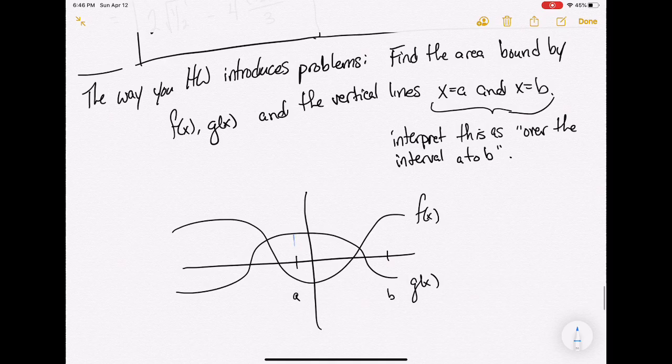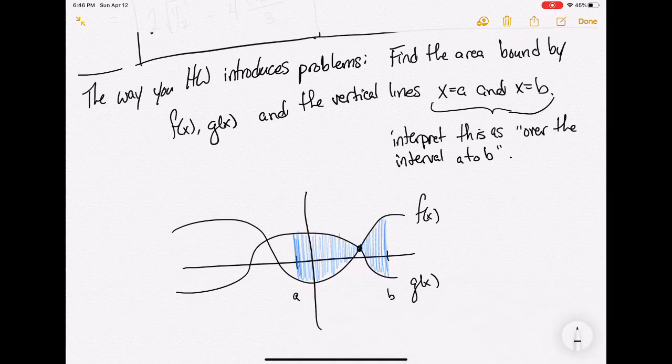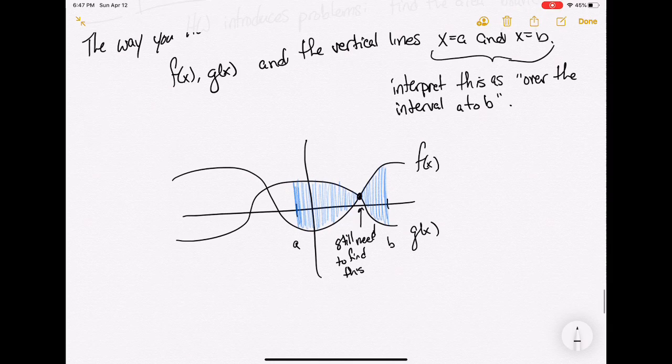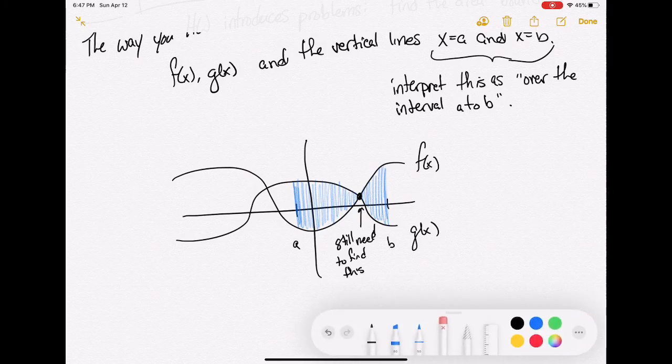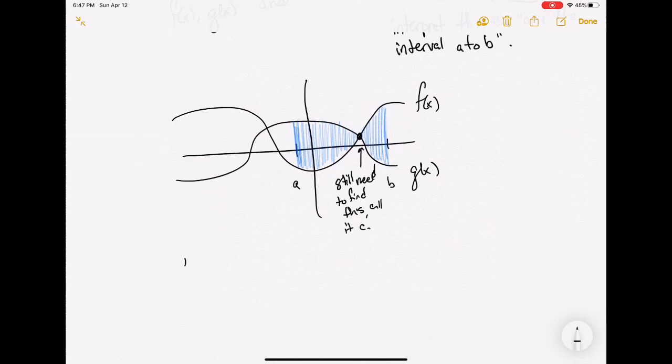And then our total area would be actually something like this. So you would still have to calculate this intersection point. You'd still find that point, call it c, and then split the integral up into pieces.